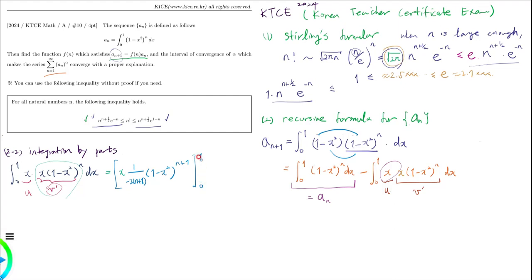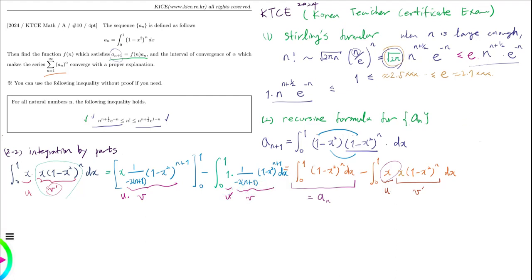x goes from 0 to 1, and minus the integration from 0 to 1 of 1 times 1 over negative 2 times n plus 1, 1 minus x squared to the n plus 1th power dx. This part is nothing but u times v, and the second term is nothing but u prime and v.